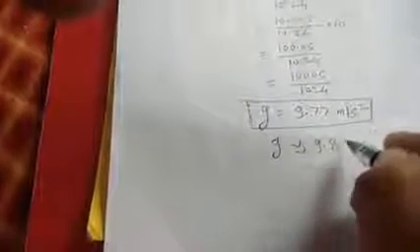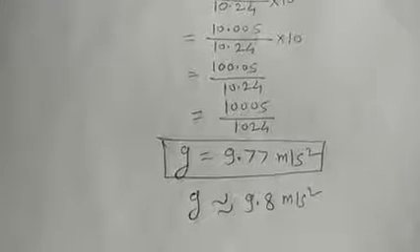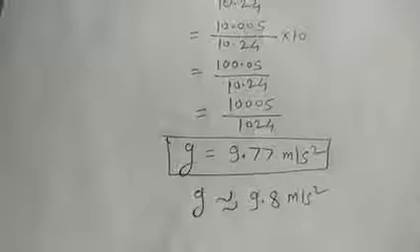It comes to be 9.77 meter per second square. This is the value of g, 9.77 meter per second square. If I have to express this value up to one decimal place, then g is approximately equal to 9.8 meter per second square. So in this way, the value of g on the surface of the earth is 9.77 meter per second square, approximately equal to 9.8 meter per second square.